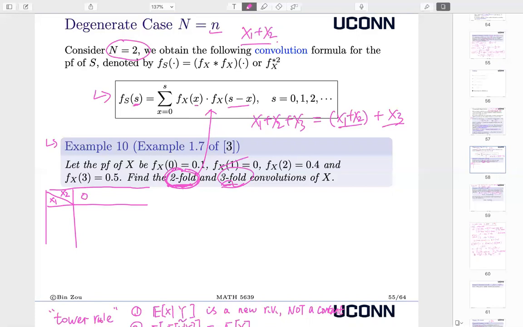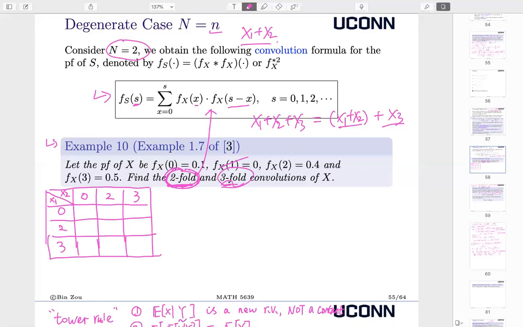Okay, we do not need to consider 1 because it cannot be 1. 0, 2, 3. So the horizontal row is for x2 and the vertical column is for x1. The table may be a little bit small. I'm trying to fill in everything, okay?